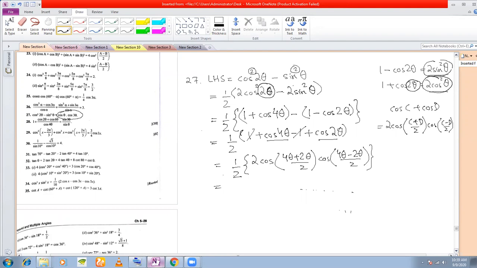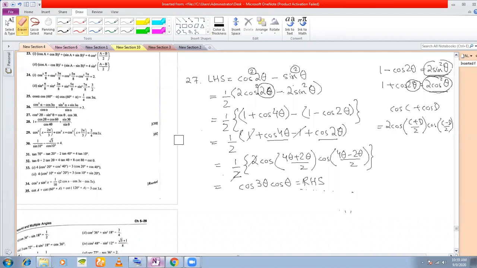So this 2 and this 2 will cancel. So ultimately you get cos 3 theta cos theta, and that is what we had to prove here, cos 3 theta cos theta. Done, right hand side.